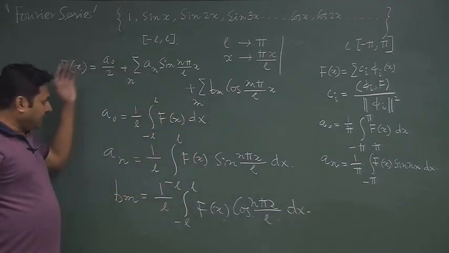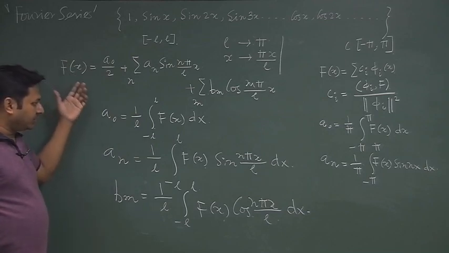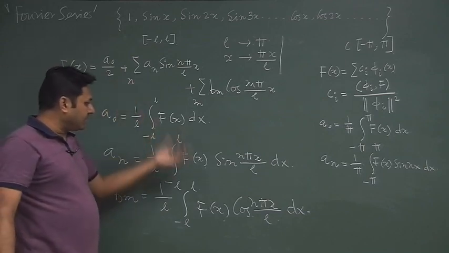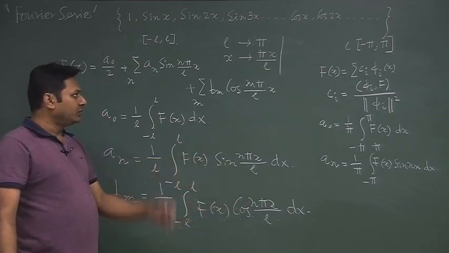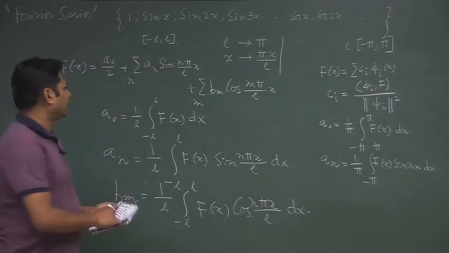It is the same thing as the previous case, we are doing the same thing just by changing the limit. Only the argument is going to change according to this limit.